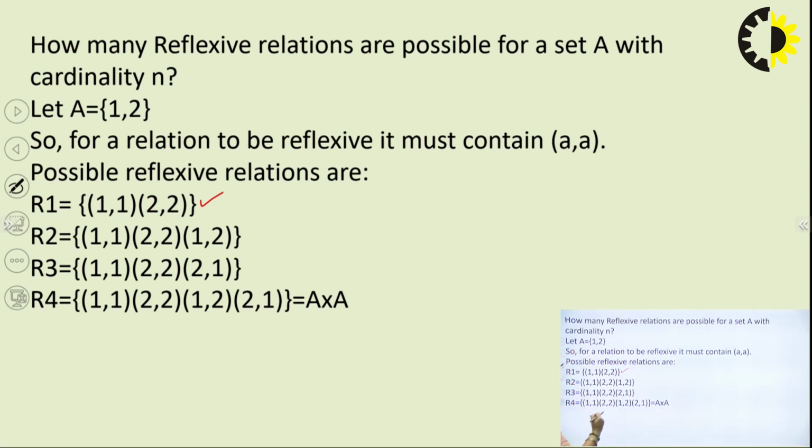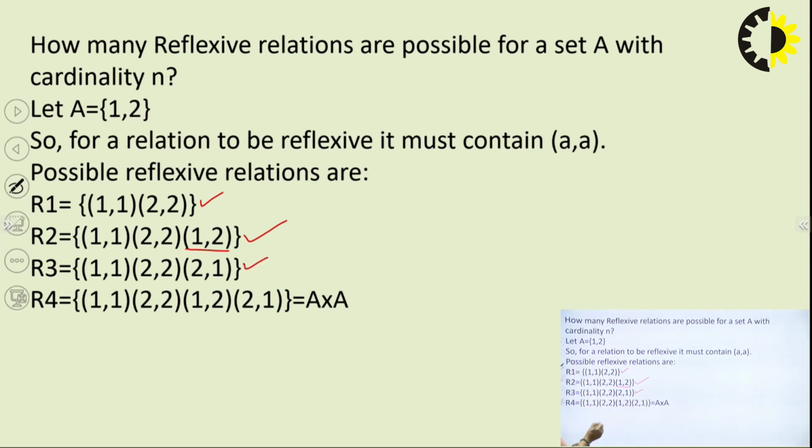Now I'll keep on adding the elements to it to check how many reflexive relations are possible. I have just added a single pair 1, 2 to the previous relation R1. So I get a new relation R2 which is again reflexive. Now R3, in place of this 1, 2, I have added 2, 1, and again this R3 is reflexive because it contains the diagonal elements.